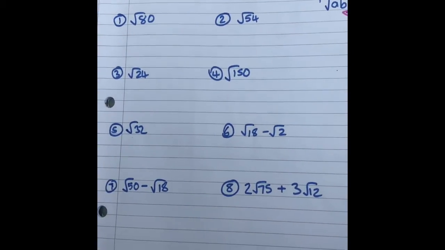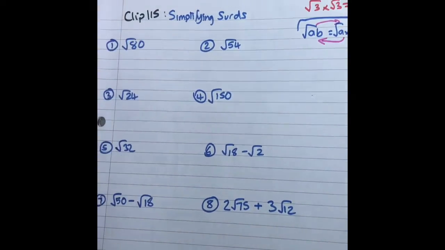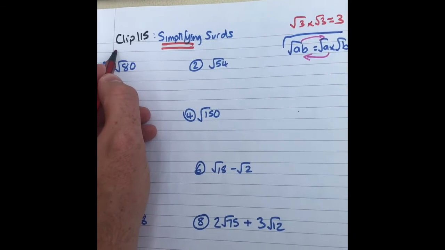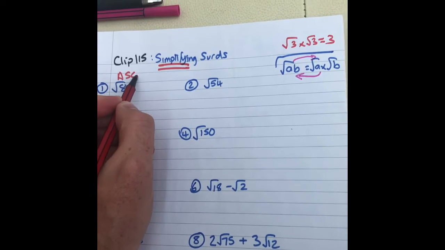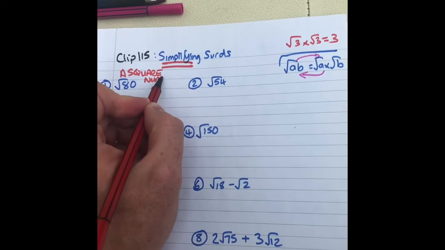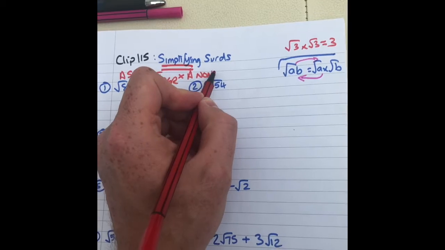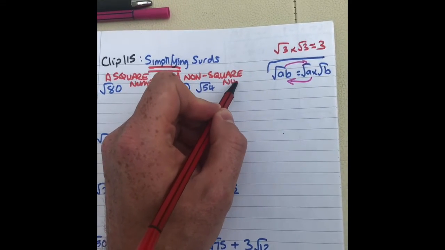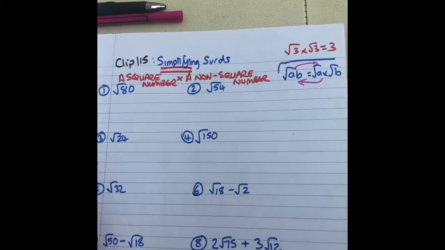So, start with the first one, root 80. What you're looking for all the time for these types of questions where it says simplify is you've got to find a square number times a non-square number that makes the number underneath the root.